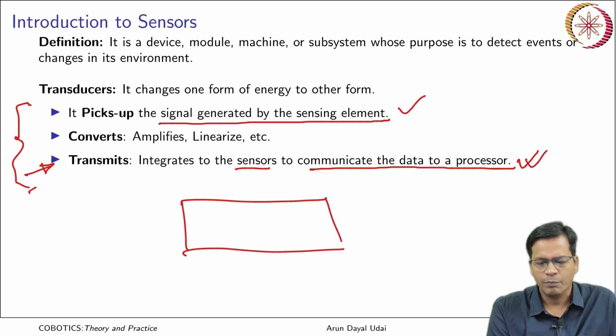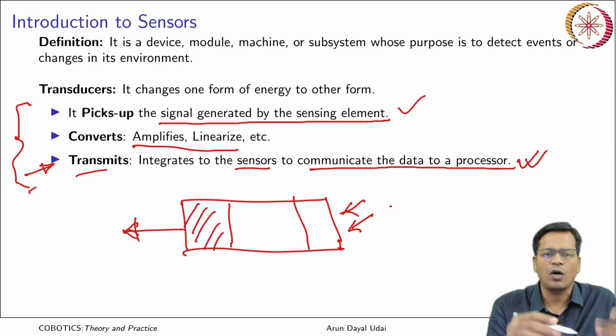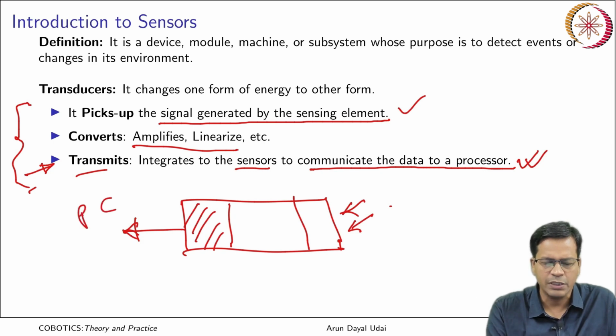So, it basically picks up the value from the environment. It may be temperature, it can be pressure, it can be displacement. It amplifies and linearizes it electronically, and it has an element, the transmitter, which transmits it in an acceptable form, which finally goes to the PC or a microcontroller.